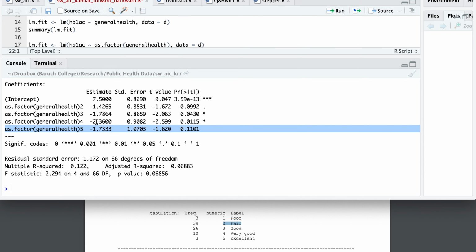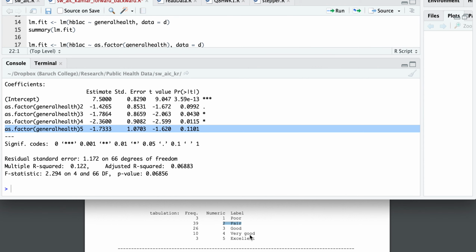So let's say this is 2.4 and this is negative 1.7. So the difference is 0.7. Those who view themselves as having excellent health tend to have blood sugar of 0.7 more than those who see themselves as very good.